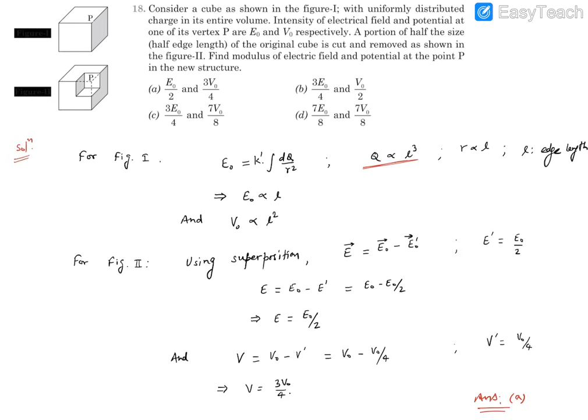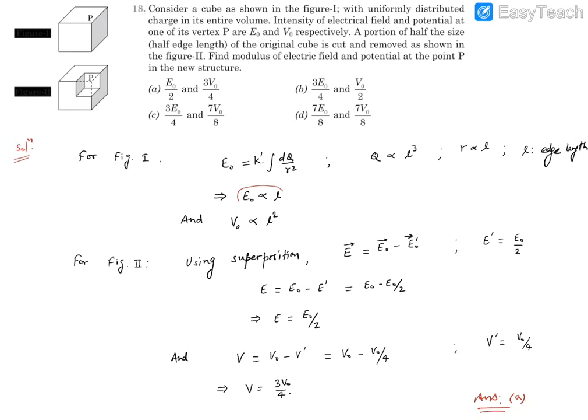Now q is going to be proportional to L cube because it's a uniformly distributed charge, so it depends on the edge length cube, and r is going to depend on the edge length. So electric field intensity at point P will depend on L cube divided by L square, which turns out proportional to the edge length.